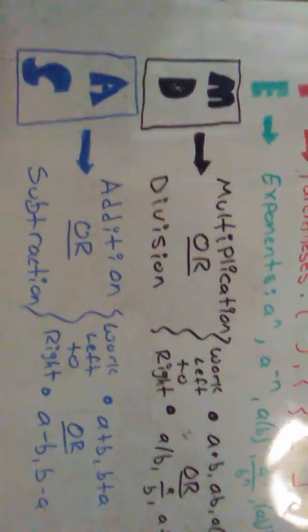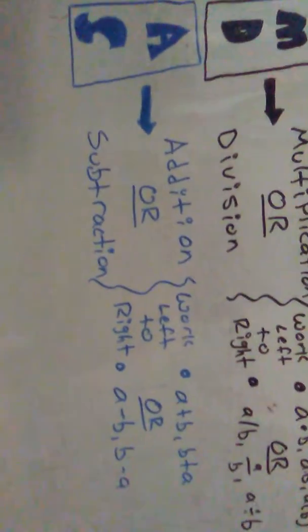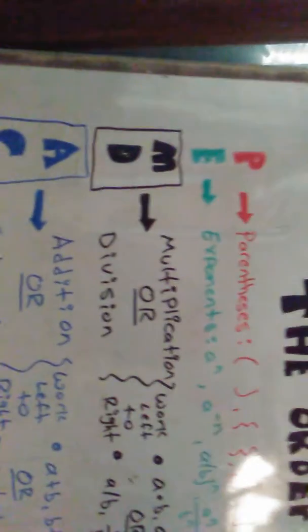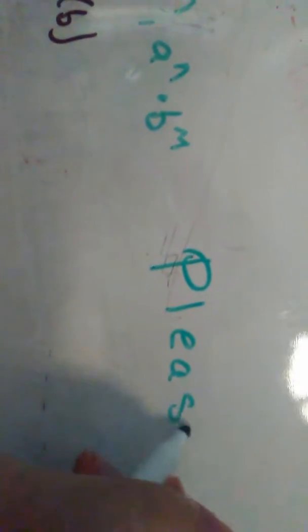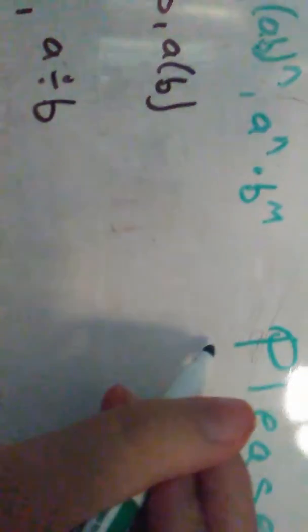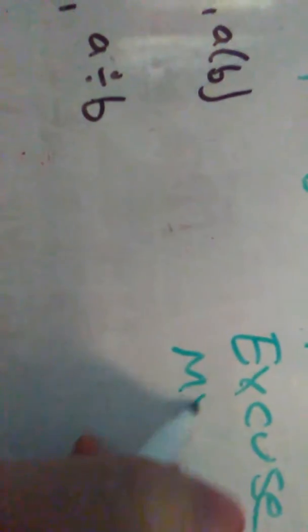A good way to remember what the order of operations means, I'm going to write it over here. It's going to be please excuse my dear Aunt Sally.